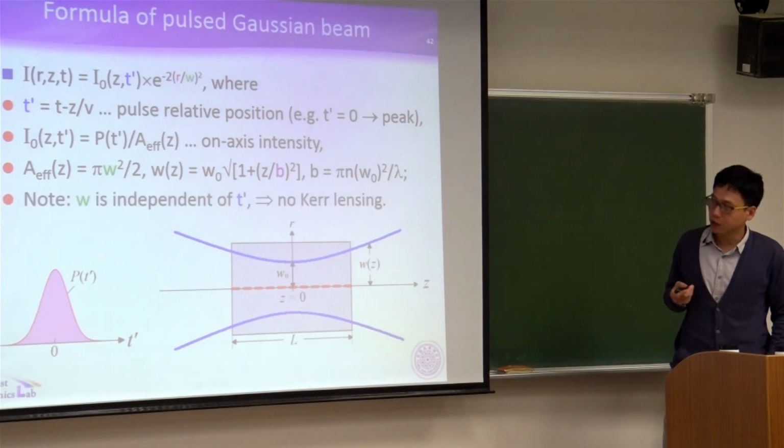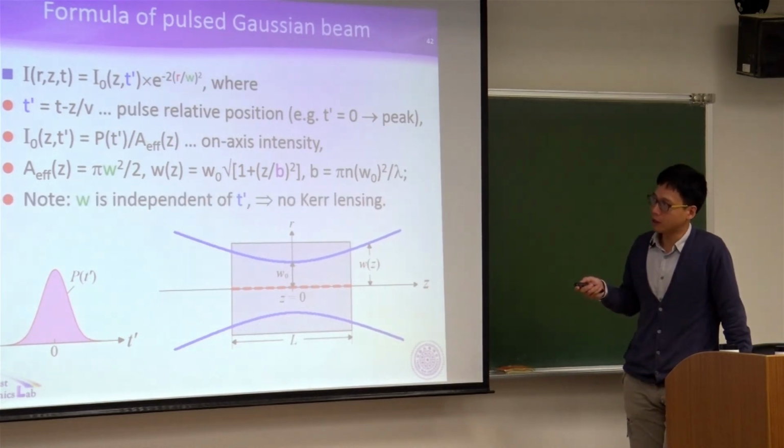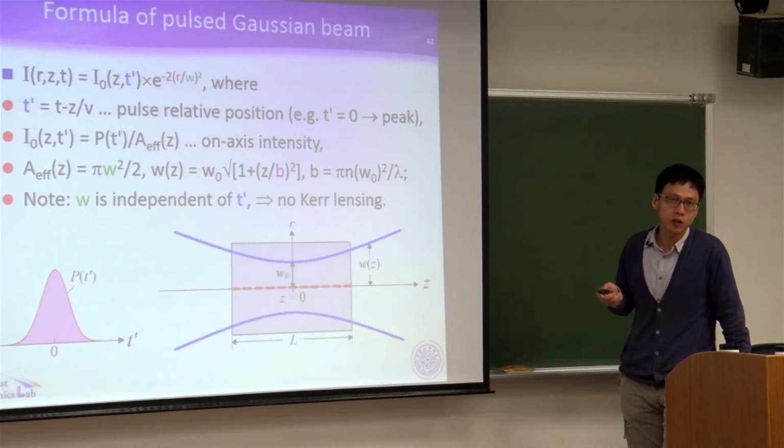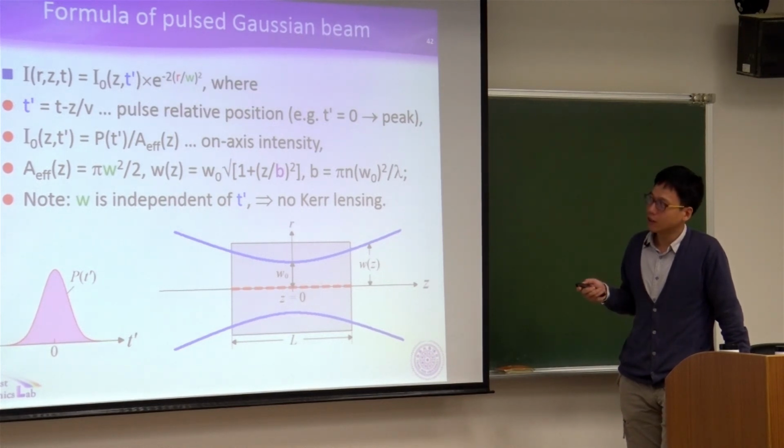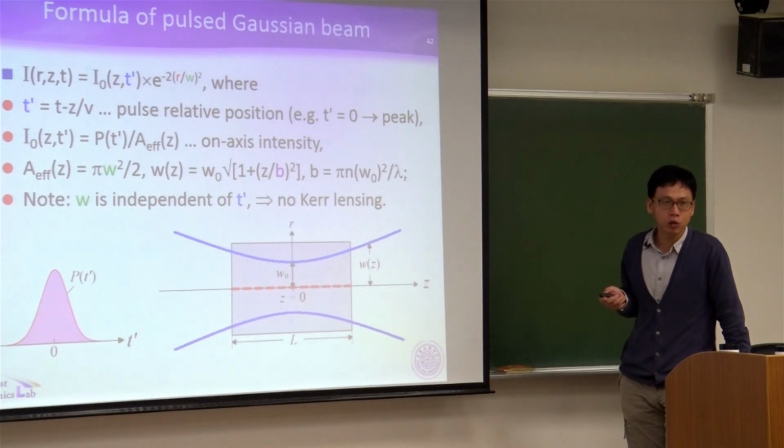And finally, I make an extra remark. The beam radius W is independent of t prime. See our formula: W is a function of z only, not a function of t prime. So what does this imply? It implies that here we don't consider the Kerr lensing effect for the time being.